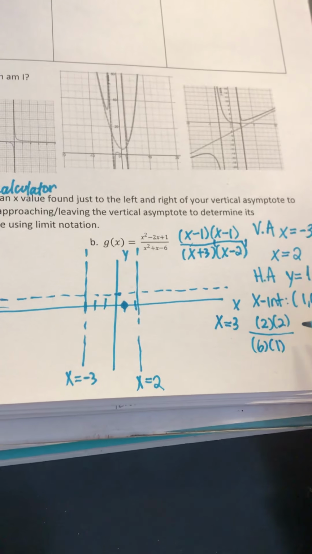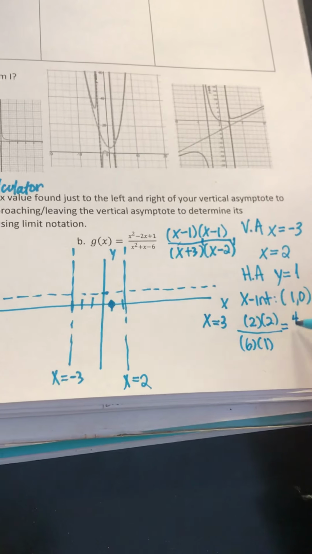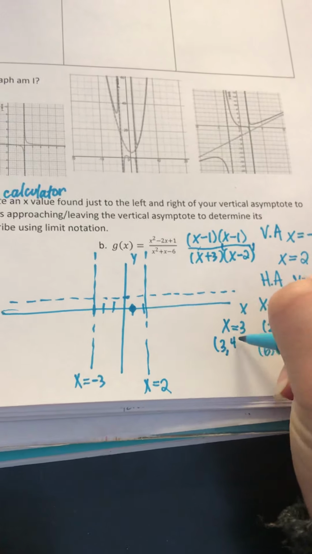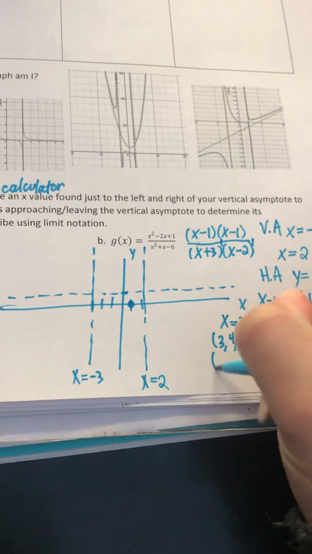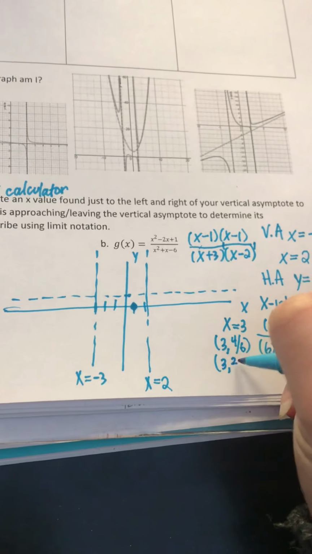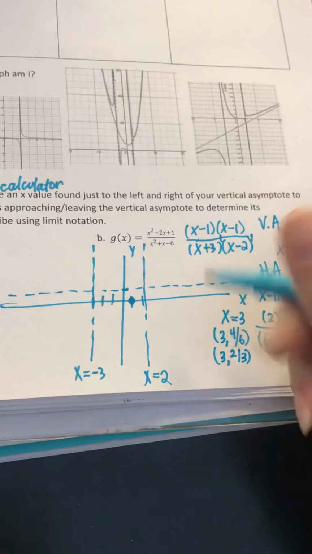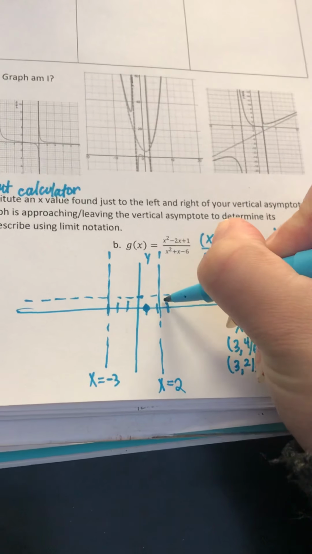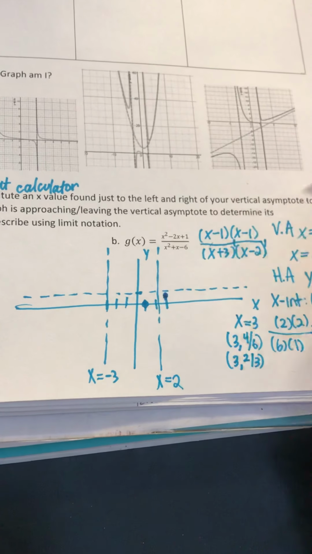So it looks like 4 over 6. All right, which means we have a coordinate at 3, 4/6. Or maybe I should simplify that, 2/3. So 3, 2/3. Well, this is 1, so I'm going to say it's going to be down here. Okay.